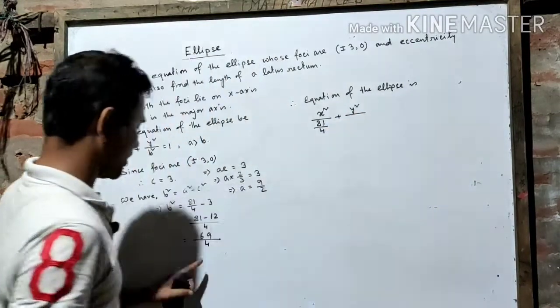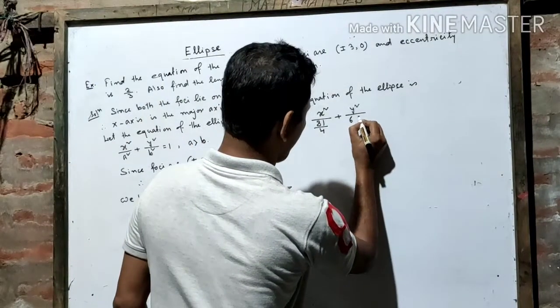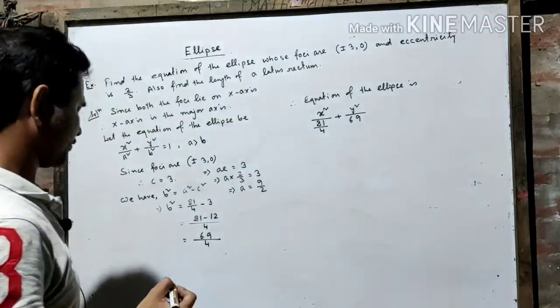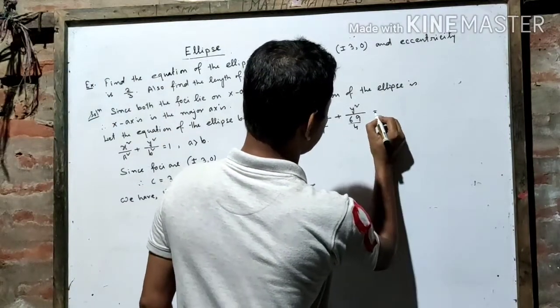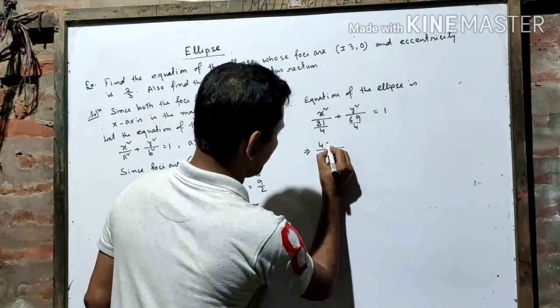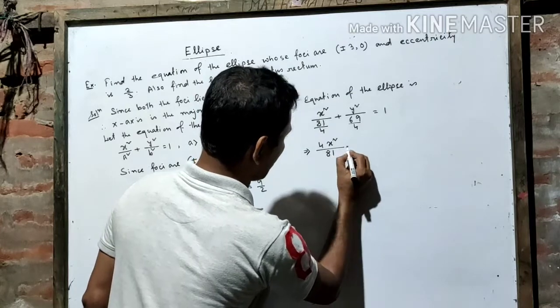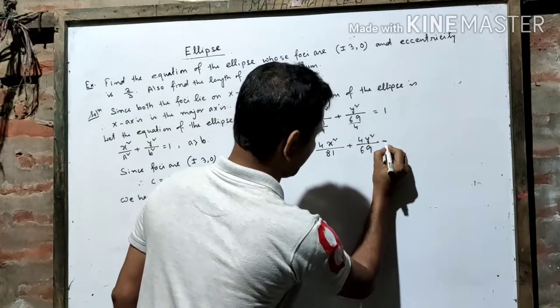What is b square? 69 by 4, is equal to 1. This implies 4x square by 81 plus 4y square by 69 is equal to 1.